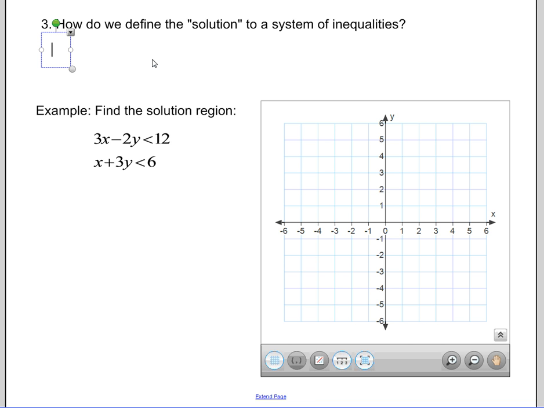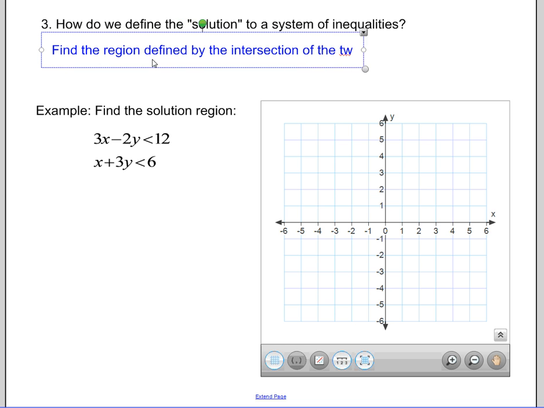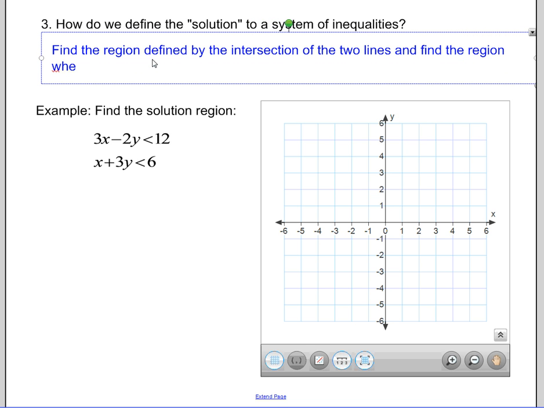So what we're going to do is find the region defined by the intersection of the two lines, and find the region where the linear inequalities overlap. Okay, so that's our goal right here.